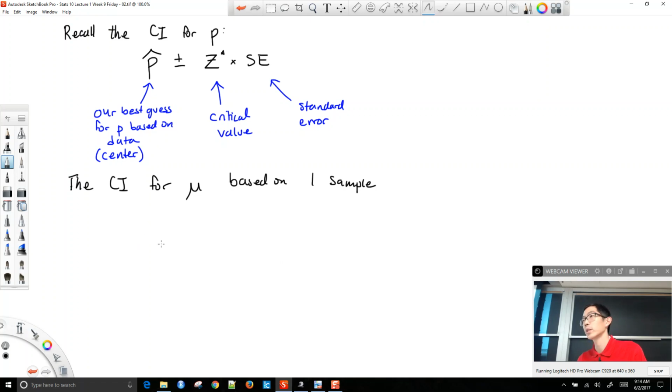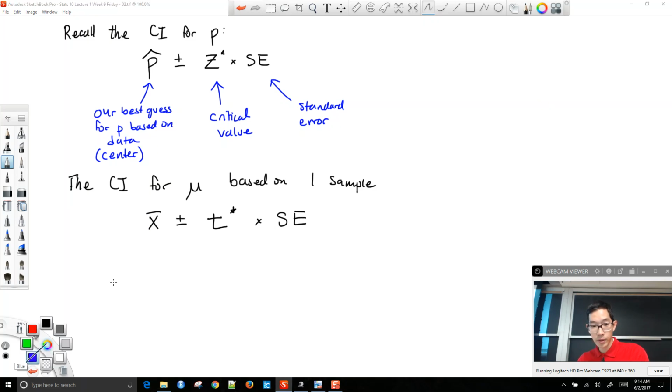What do you think our best guess for the population mean is? The sample mean, right? So we're going to put x bar in the middle. Then we will go plus or minus. Instead of z star, we're dealing with the t-table, so we'll have t star multiplied by the standard error.